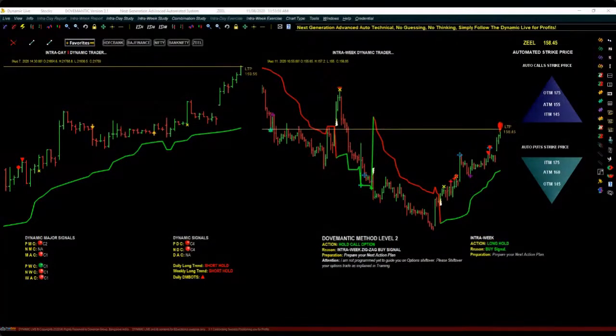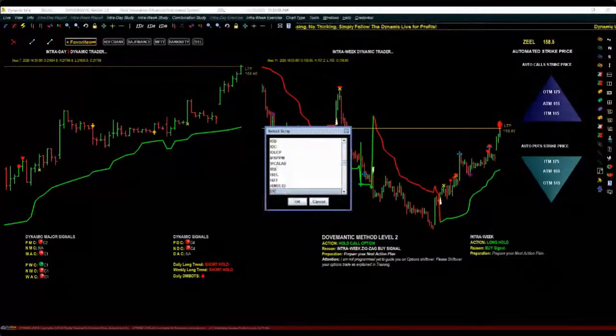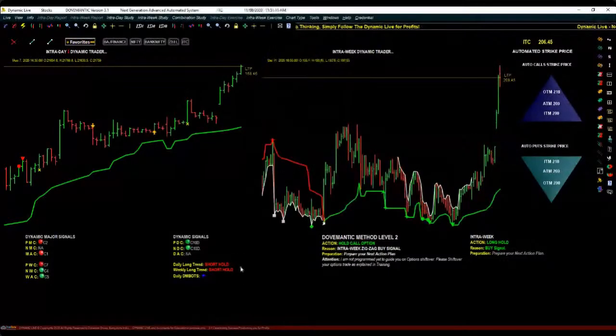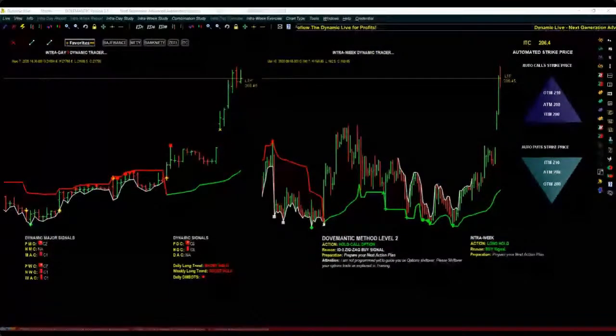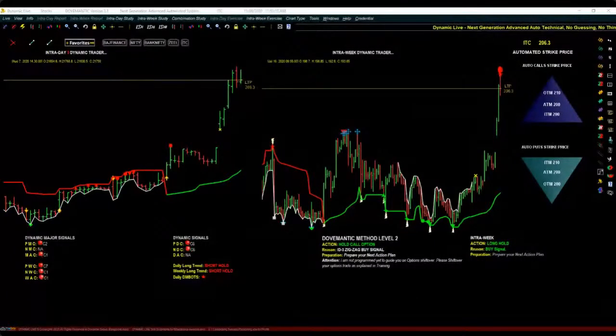There's the benefit. Let us check what's happening in, let's say, ITC. As you can see here, this is one massive movement in ITC, and there is a point.